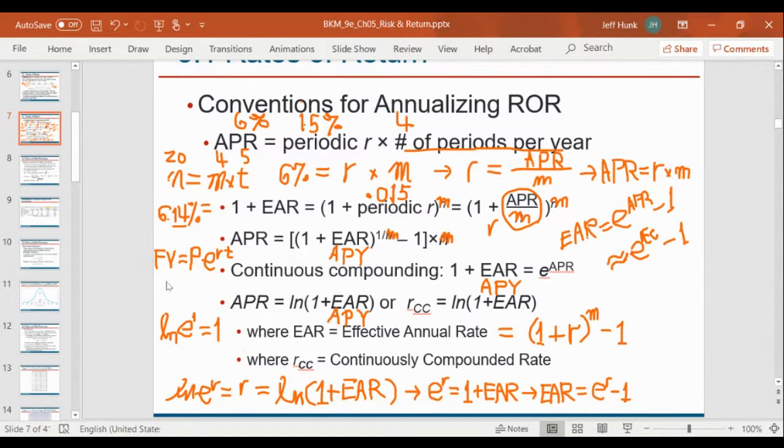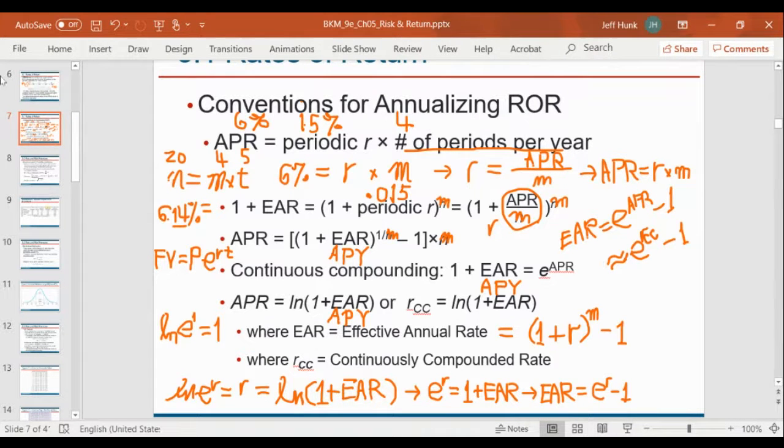But in continuous compounding, future value is present value, or principal, times the exponential function, or Euler's number, raised to r times t.